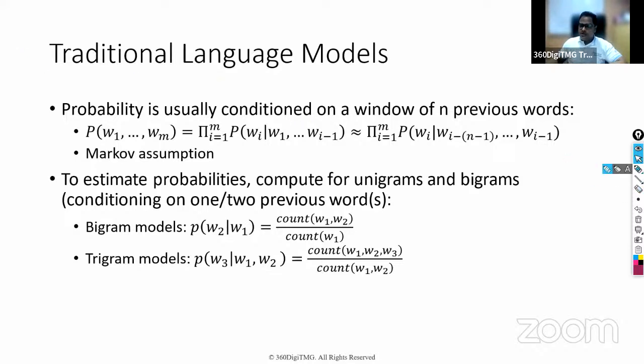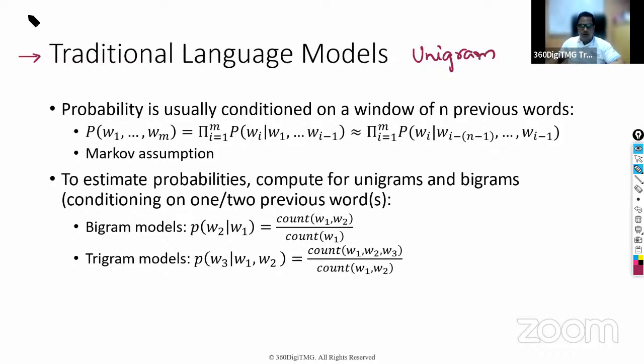When it comes to the traditional language models, you'll have a lot of words. Each individual word that we have is called a unigram. Unigram means single word.